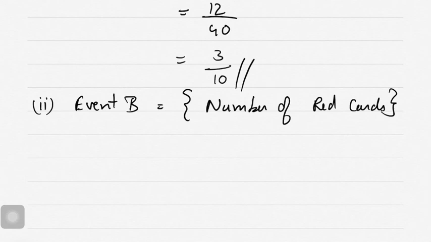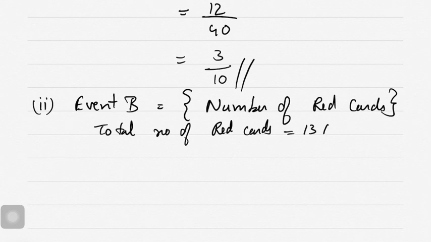Event B is number of red cards. So total number of red cards is 13 plus 13, which is heart and diamond, 26 cards.